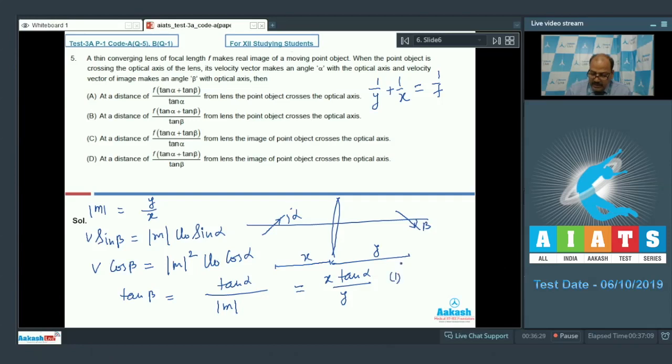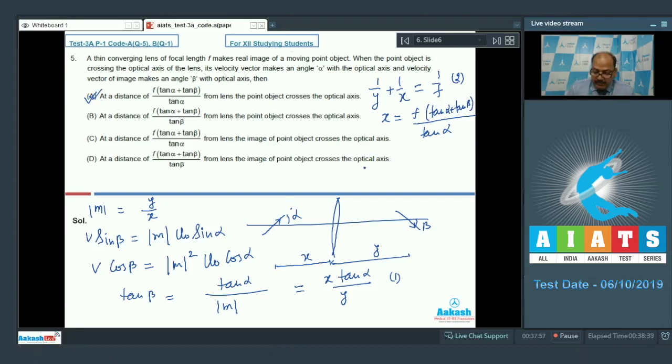Let's call it equation 1 and let's call it equation 2. Using equations 1 and 2, we'll find that the value of x turns out to be f (tan alpha plus tan beta) upon tan alpha, which means option A is correct.